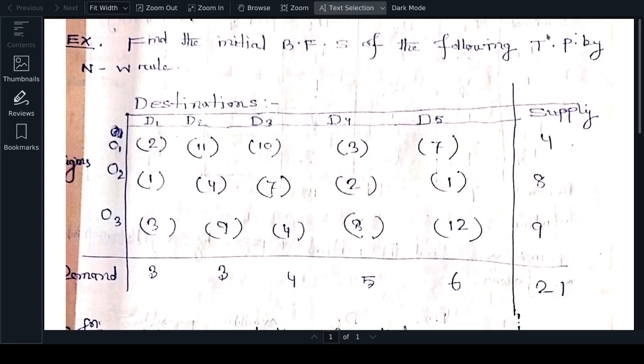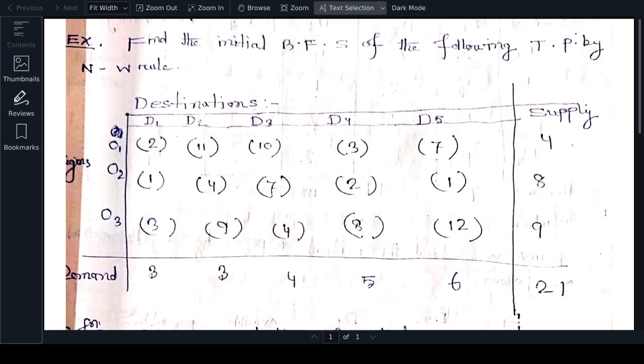The origins are O1, O2, O3 and the destinations are D1, D2, D3, D4, D5, and the supply and demands are given.